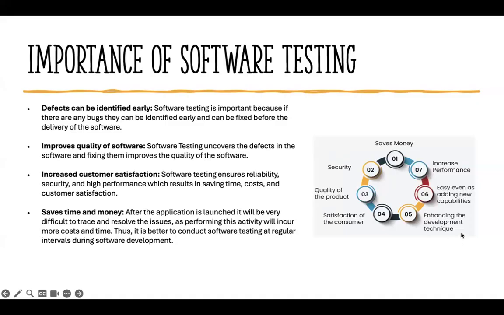It can enhance the development technique, so incorporating it as part of the software development process, especially earlier on in the process, can enable a higher quality product. So it's easy even adding new capabilities, and it can increase the performance of your software.